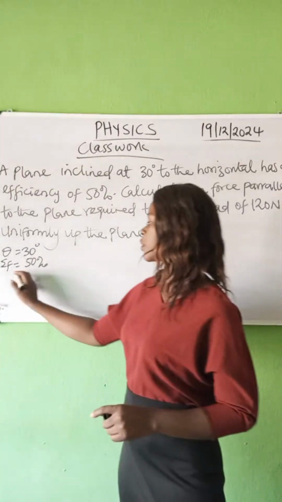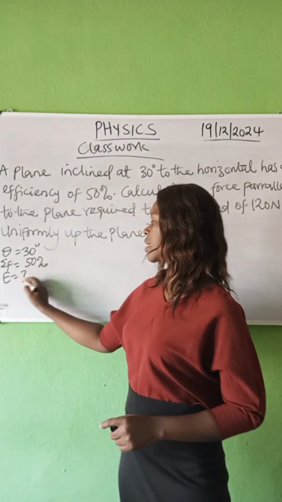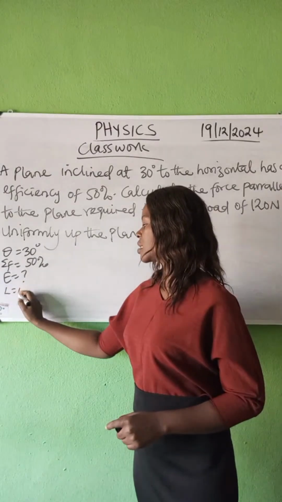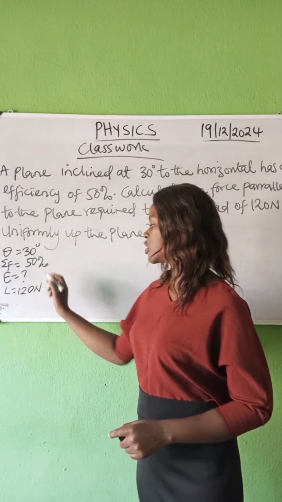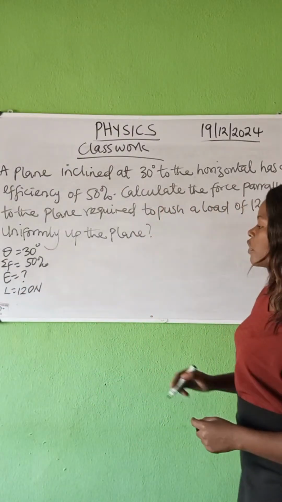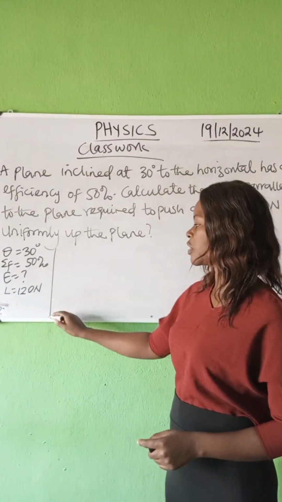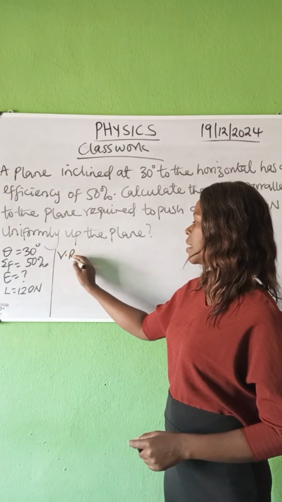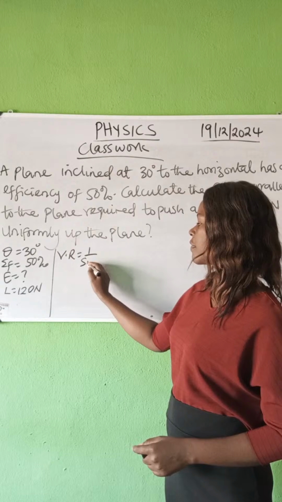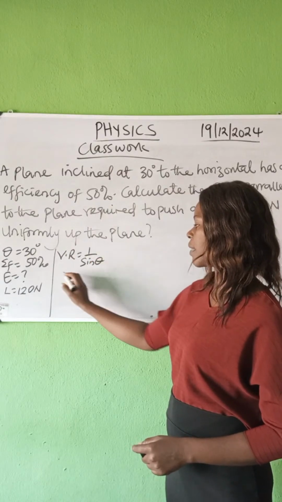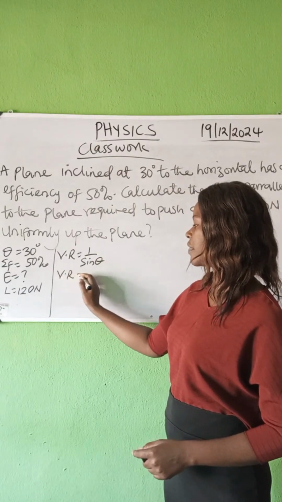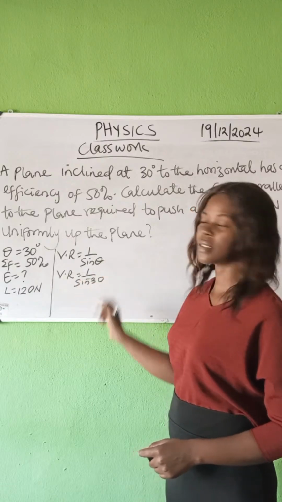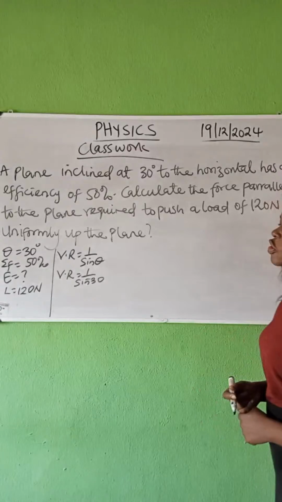We're looking for the effort. But we have a load of 120 Newton. Now for us to get the velocity ratio, the formula is VR is equal to 1 over sine theta. Then VR is 1 over sine 30. You already know that sine 30 is 0.5.